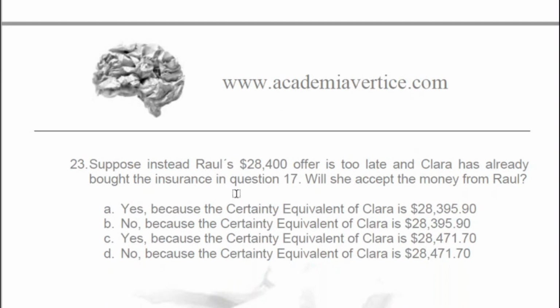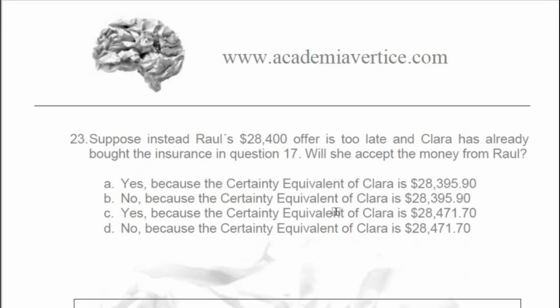And suppose instead Raul's 28,400 offer is too late and Clara has already bought the insurance in question 17. Now Clara has the insurance bought. Will she accept the money from Raul? We should find the expected utility after the insurance has been bought.